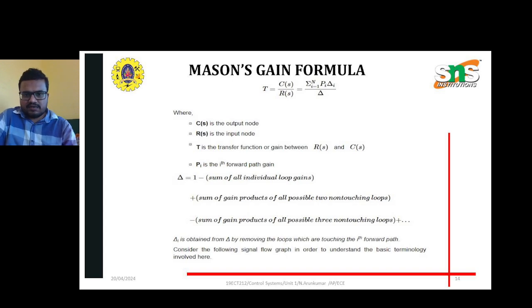Like that, all the values are calculated using the delta value. After finding the delta, we can substitute the delta value in the transfer function gain. After substituting all the values, we can calculate the corresponding value of the transfer function. Like that, all the values are calculated using the signal flow graph.